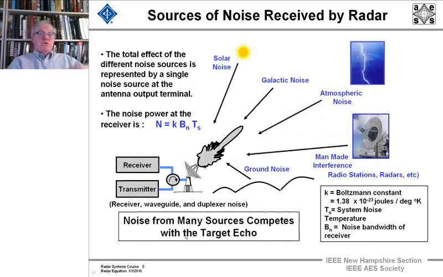Now what we want to do is compare that power to the noise. And the total noise comes in from a number of different sources. It's represented by a single noise source at the output of the antenna terminal. And the noise power is stated as Boltzmann constant times the noise bandwidth of the receiver times the total system noise temperature.